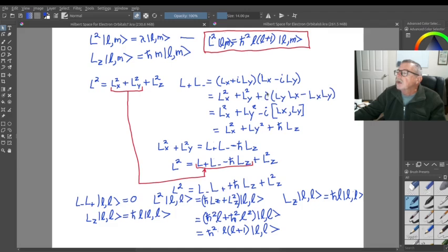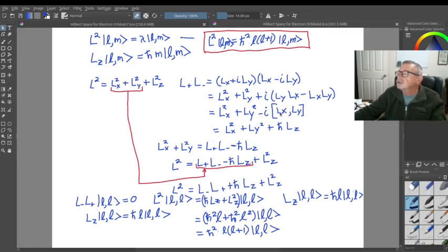Plus i times LyLx minus LxLy. This relationship is the same as the commutation for Lx and Ly because we're taking those two together. Actually, we're reversing it, so that's why it comes out to be a negative value here.